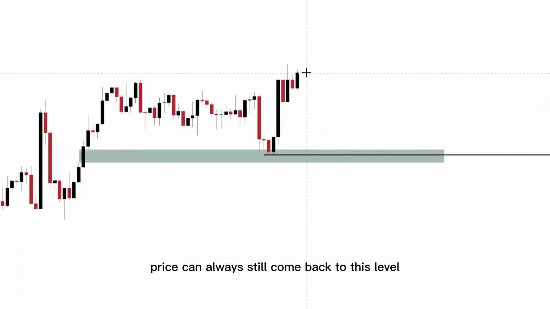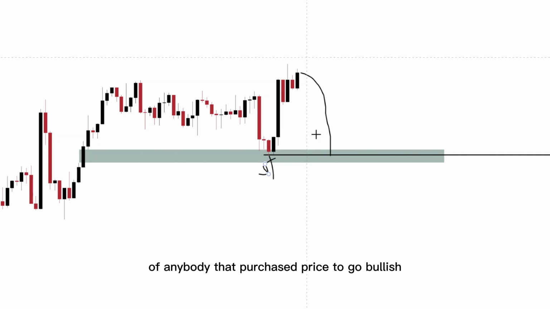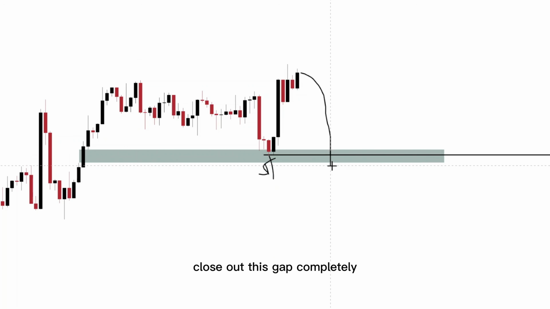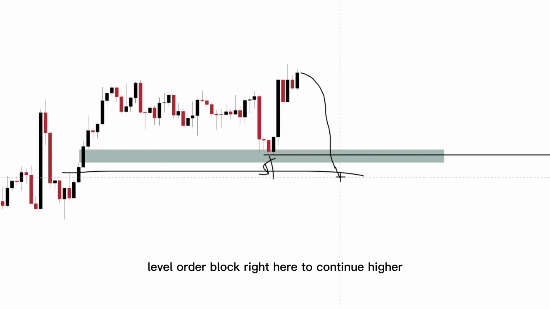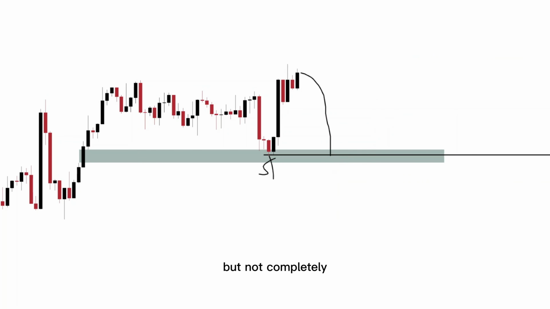Price can always still come back to this level, take out the liquidity right here of anybody that purchased to go bullish, close out this gap completely, and then continue higher, or go down and target an extreme level order block right here to continue higher. So this is an inducement forced by closing out the gap, but not completely.